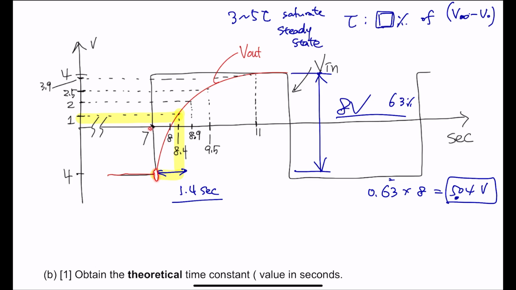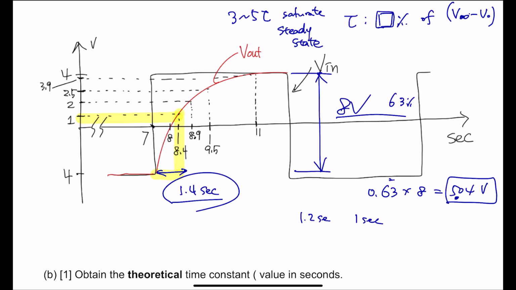Therefore, let's say from here, it starts from 7 and it goes up to 11. So from here to there, it's 4 seconds, right? And I told you this is going to be 3 to 5 times my tau. So if I just consider 4, it takes 4 seconds, and that's 4 tau. Then I would say my tau is 1 second. Okay? That's fine too. All right? So 1.4 or 1.2 seconds, 1 second, or whatever value close to this, and if you had strong logic, then you're all good. Okay? Does that make sense?